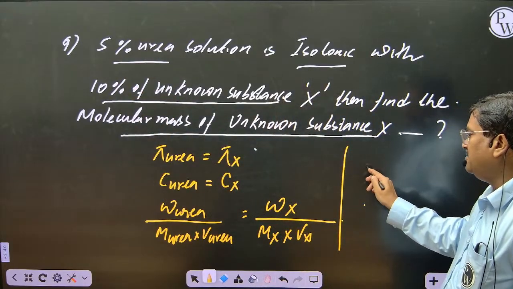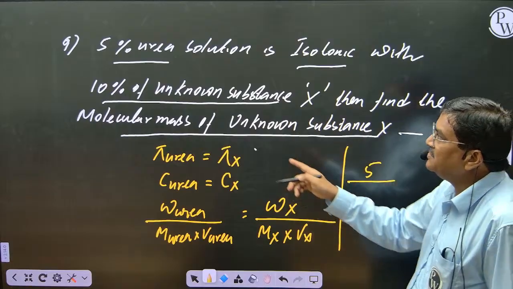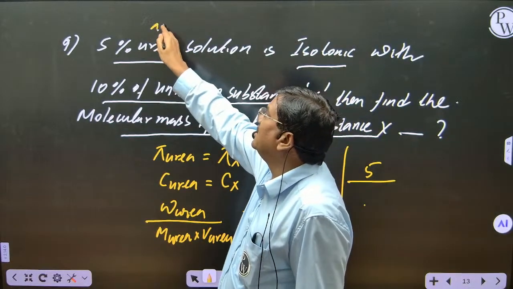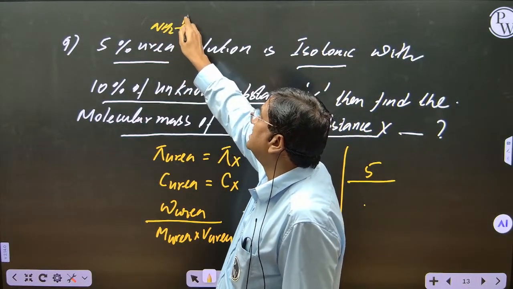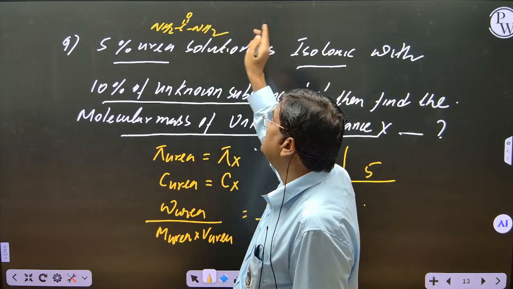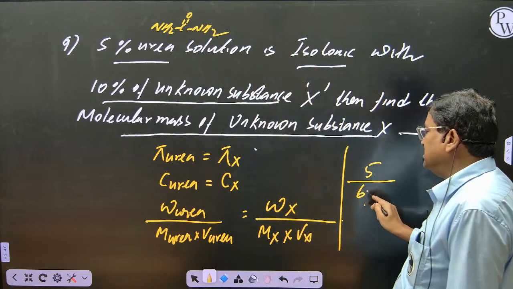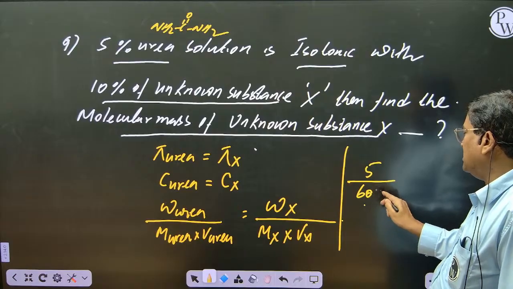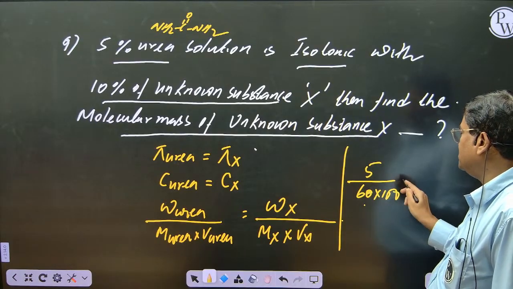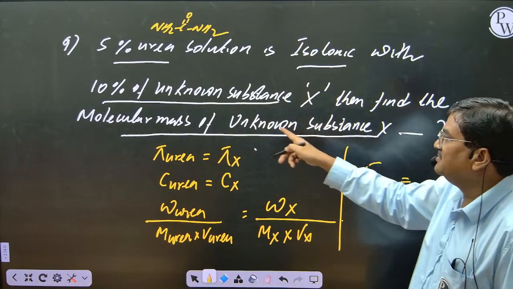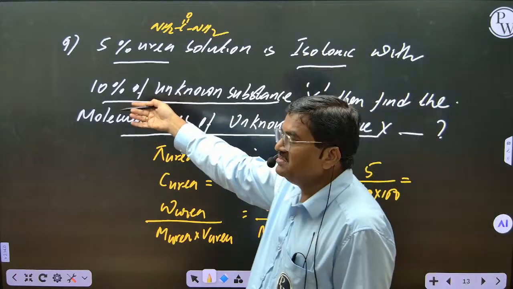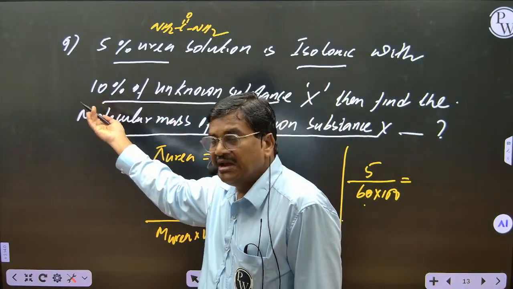So here I write 5 by, what is the molar mass of urea? 60. You are familiar, no? In 11th you are familiar: molar mass of NH2CONH2, algebraic sum, comes to 60. And volume I have to take 100 because it is present in 100 ml of solution. This is isotonic with 10%, it is saying. What does it mean? 10 grams is present in 100 ml.